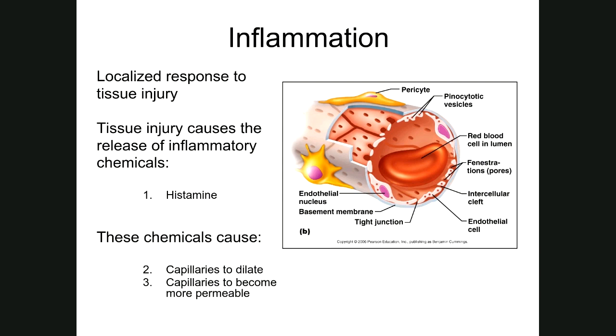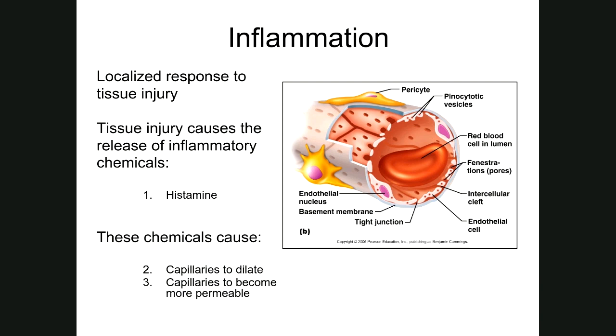The other thing that's going to happen anytime we have damaged tissues and we get histamine released is the capillaries in the area where histamine is being released are going to become more permeable. So they are going to become more leaky. And what that means is, in addition to this increase in blood flow, we are going to have an increase in oxygen and nutrients as well as fluids leaking from the bloodstream into those tissues.